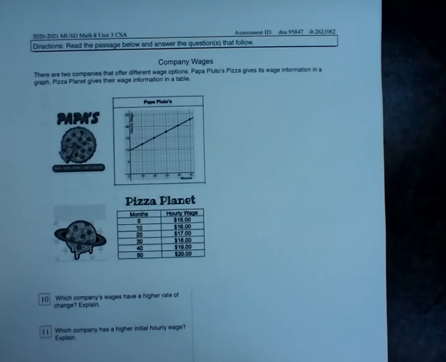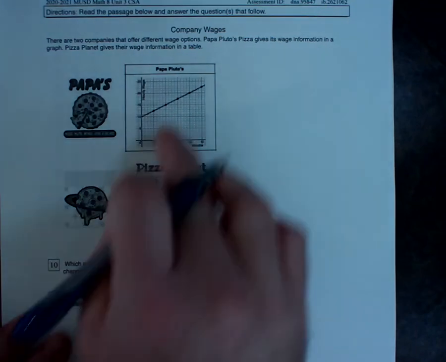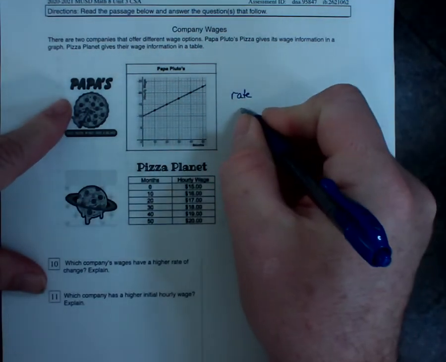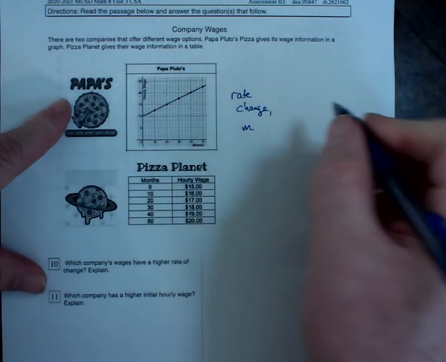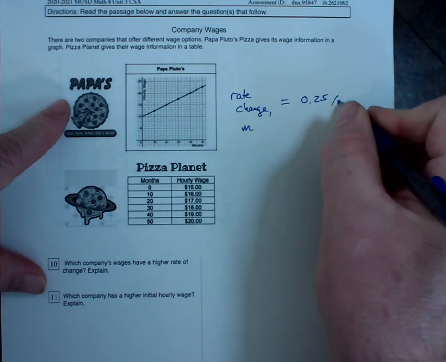Problem 10. It says, which company's wages have the higher rate of change? Well, we knew that for Papa's Pizza, the rate of change, the slope, was equal to 25 cents per month.